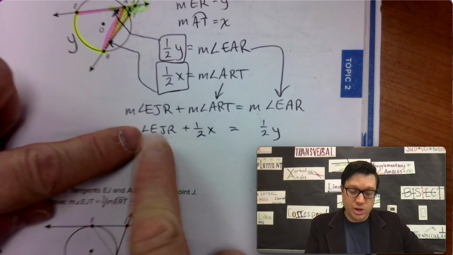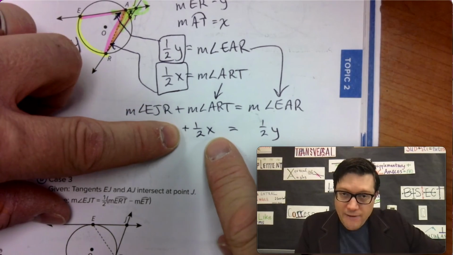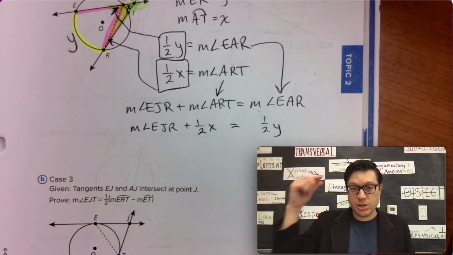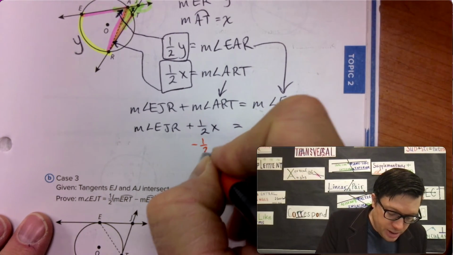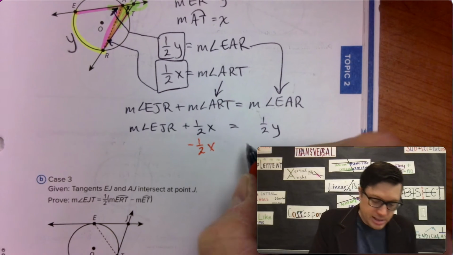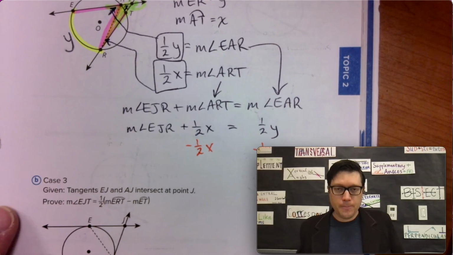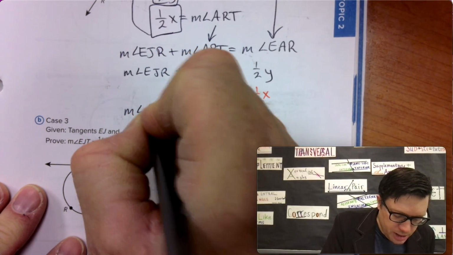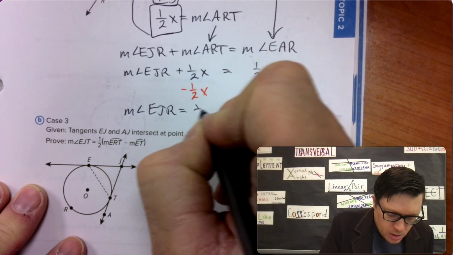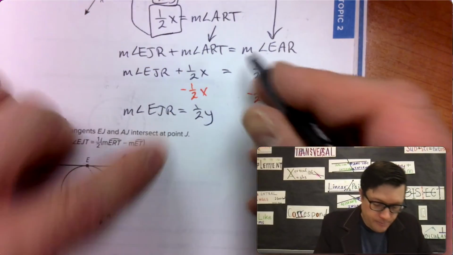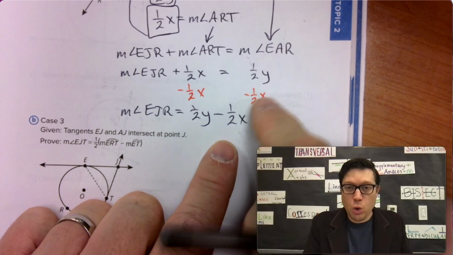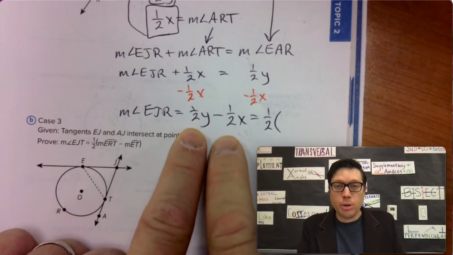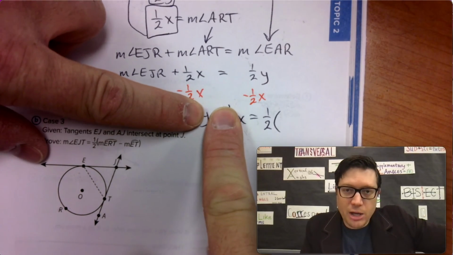Now we need to solve for EJR, so I have to isolate it. 1/2 X has to go, so we subtract it from both sides. Eventually you don't have to write this step down, but you should at least identify it for a time. We subtract both sides by 1/2 X: the measure of angle EJR equals 1/2 Y minus 1/2 X. Then factor out 1/2, since 1/2 is in both terms.